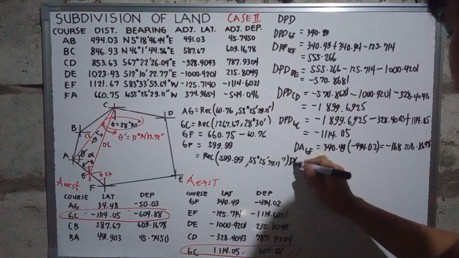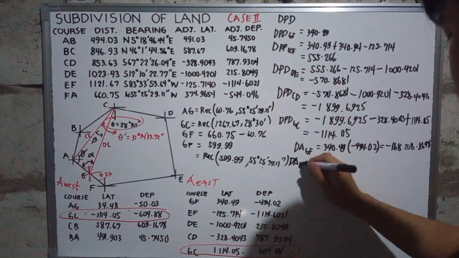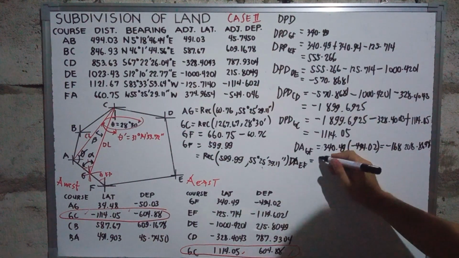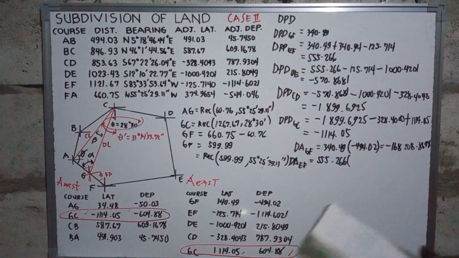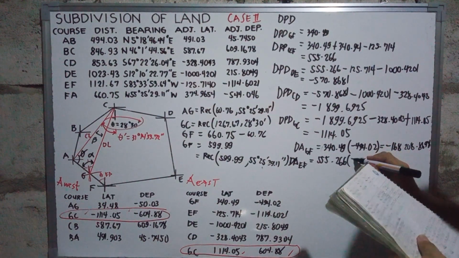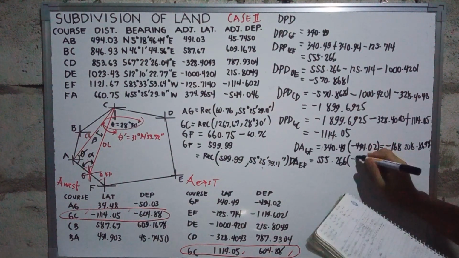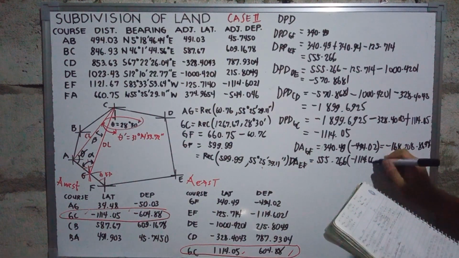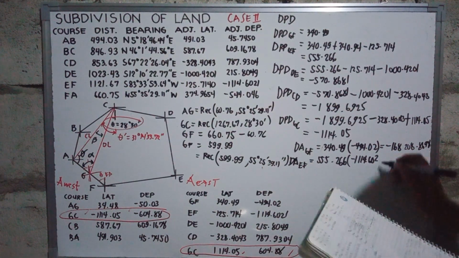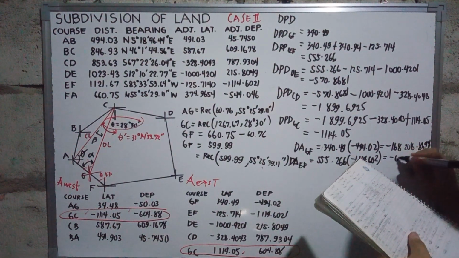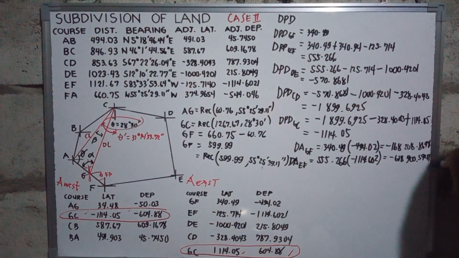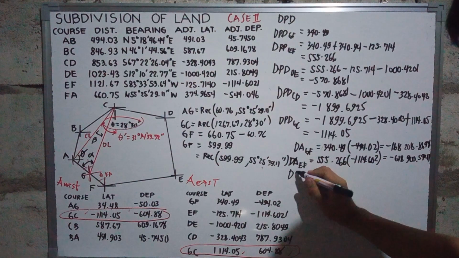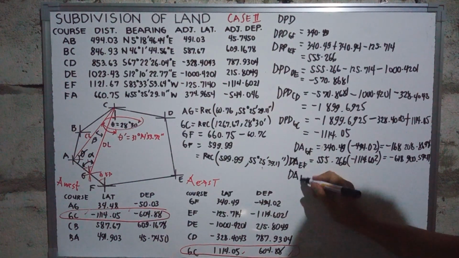The double area of EF will be its DPD of 555.2666 multiplied by negative 1,114.602, which is equal to negative 618,900.5941.